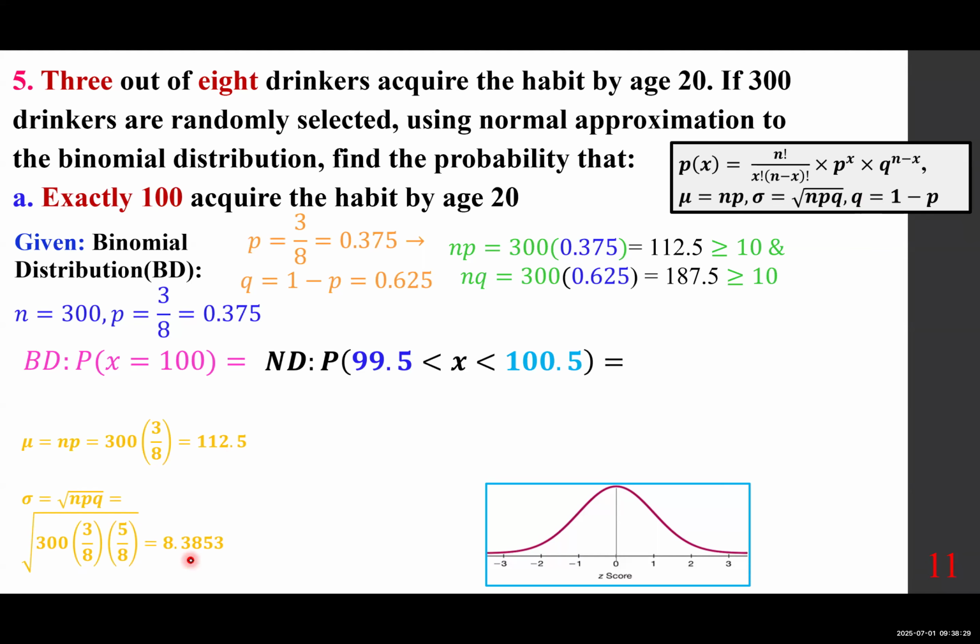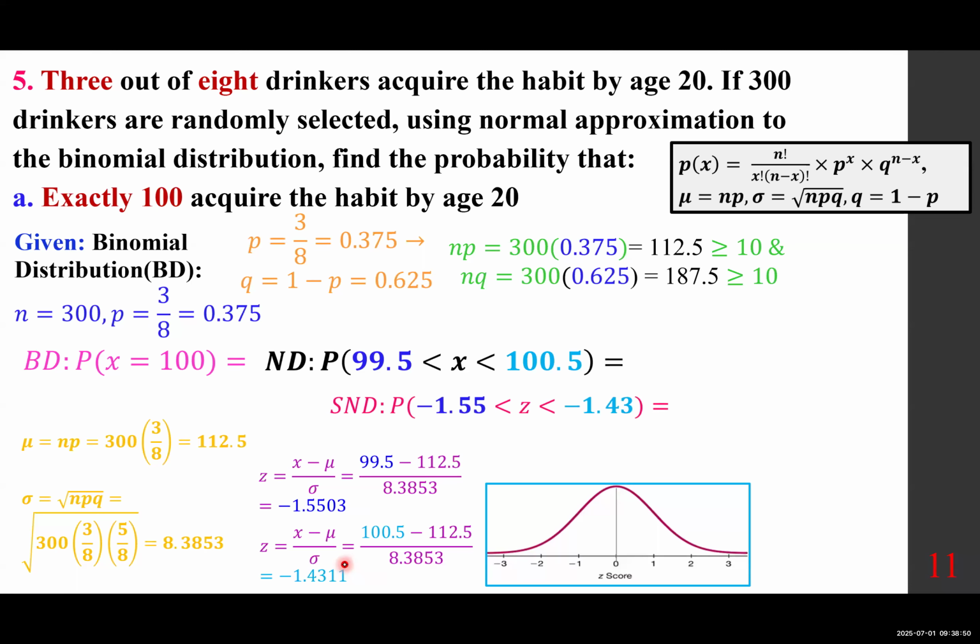And again, the reason we do that is because Z is X minus mu over sigma. 99.5 becomes negative 1.5503, the Z score. 100.5 becomes a Z score of negative 1.4311.